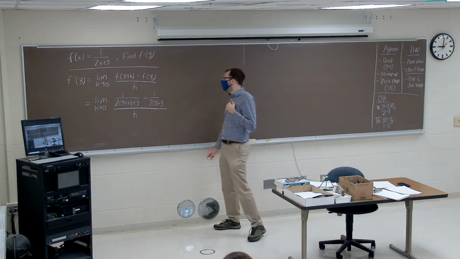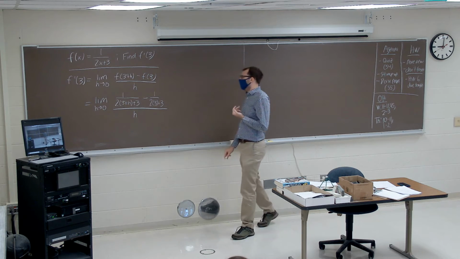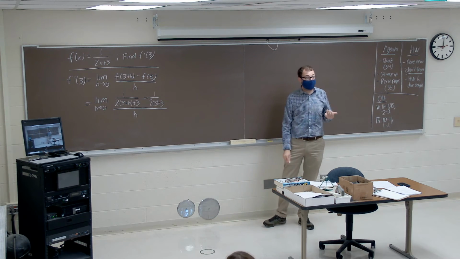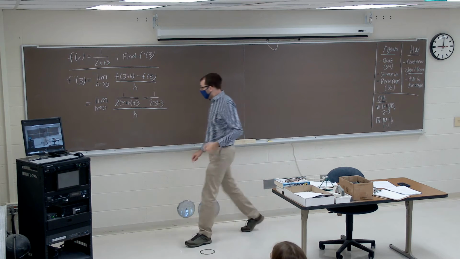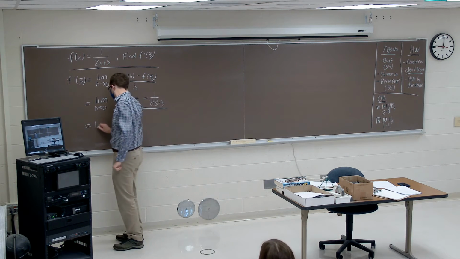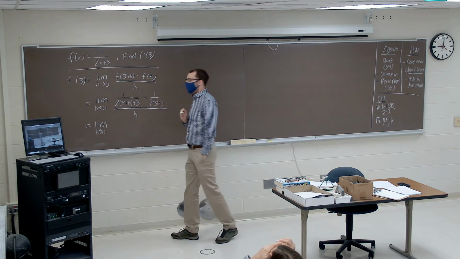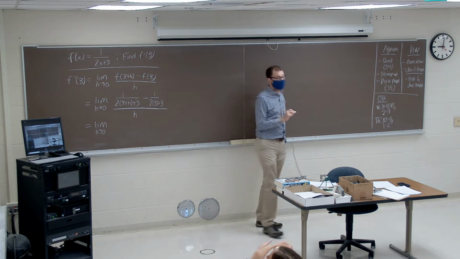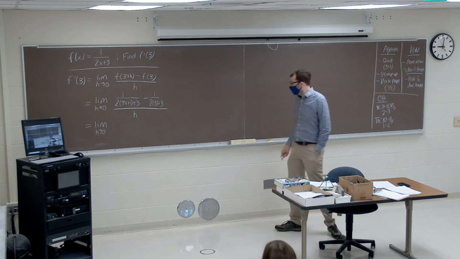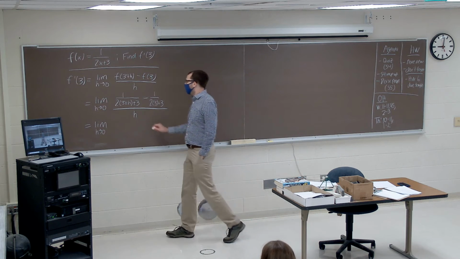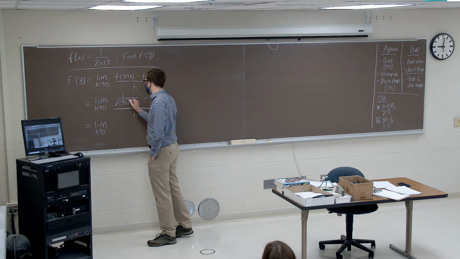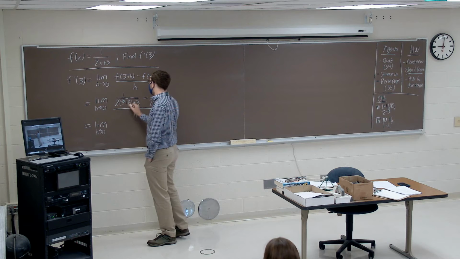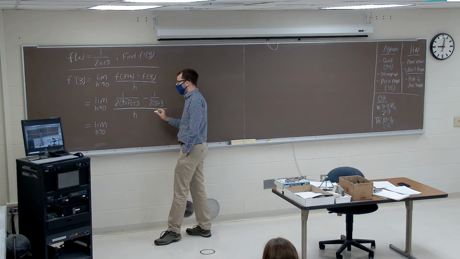I also don't see a nice, easy way to factor out an h from our overall numerator. So instead, I think the best thing to do will be to simplify what we have first as much as possible. See if something nice happens. So in our first term, we can distribute this 2 through to get 6 plus 2h plus 3.